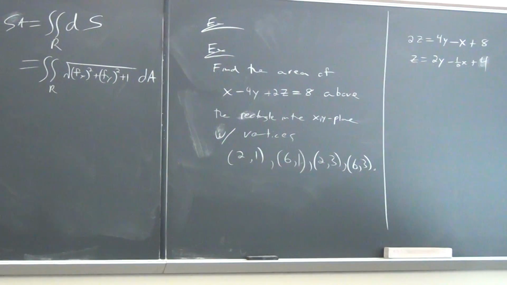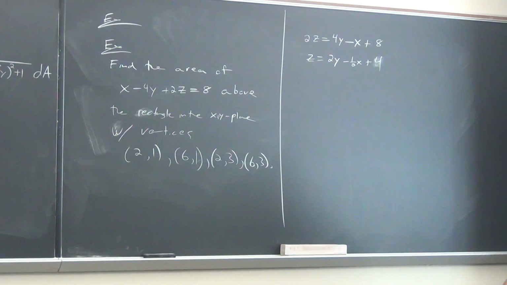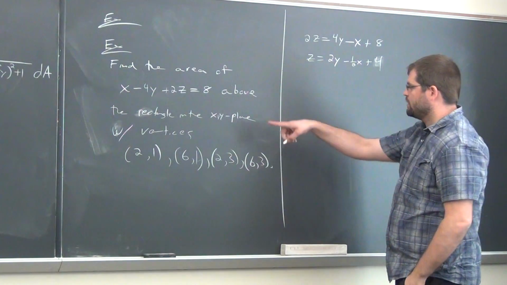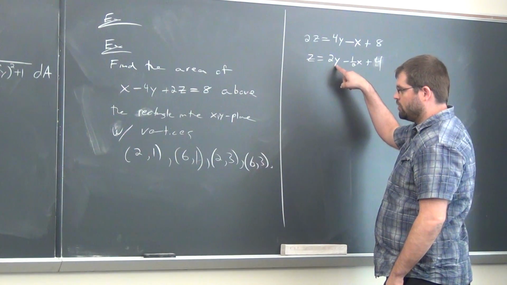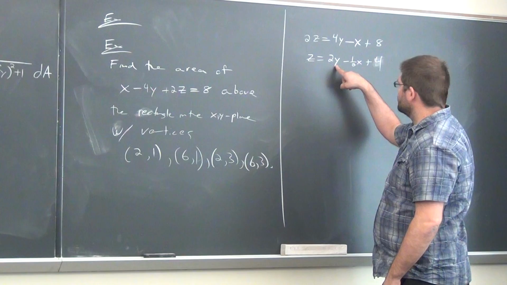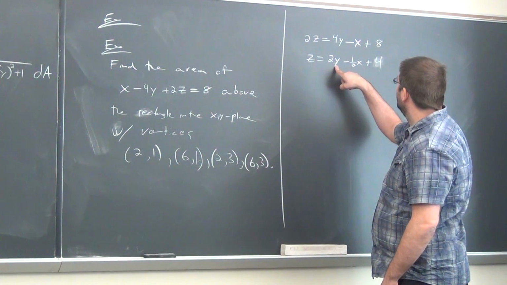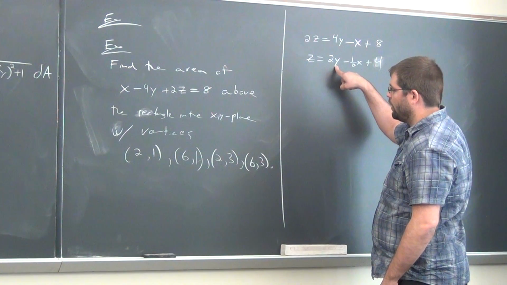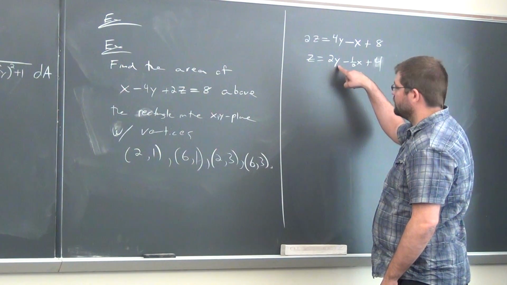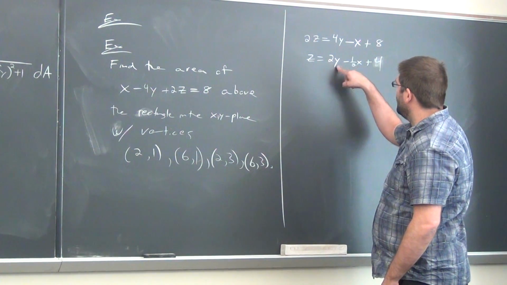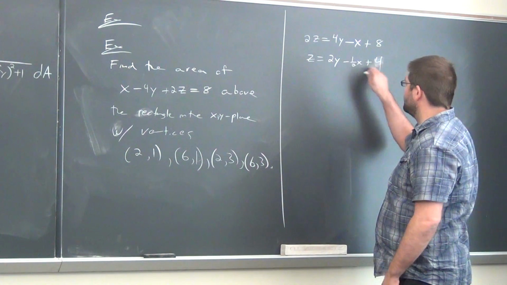And so notice, yeah, in the place that we're at, I guess we're okay. So look at this thing, right? When x is 2 and y is 1, you get a positive value here, right?